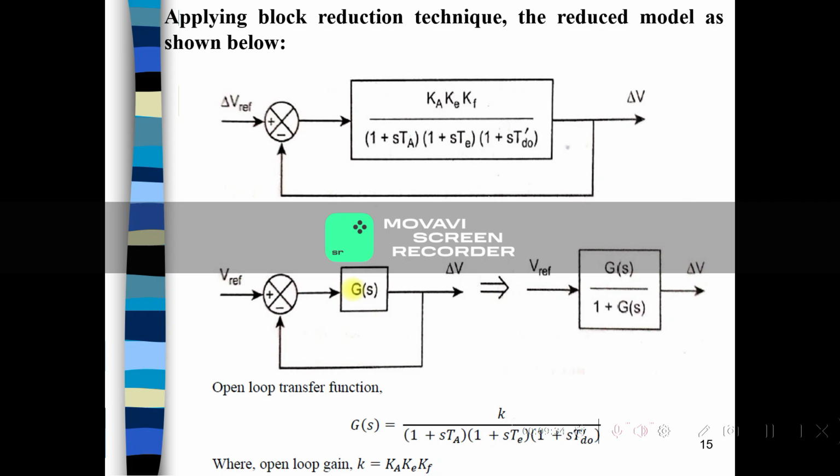So the transfer function is output divided by input. So del V over V reference is equal to G of s divided by 1 plus G of s. The open loop transfer function G of s is equal to K divided by 1 plus s TA, 1 plus s TE, 1 plus s T'd0.